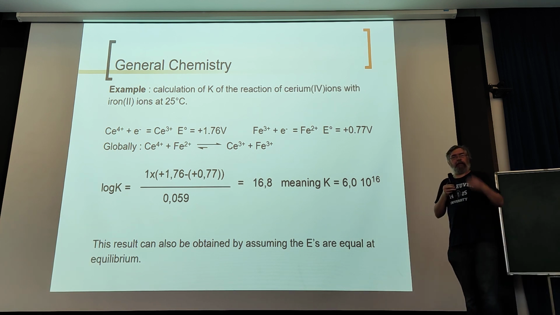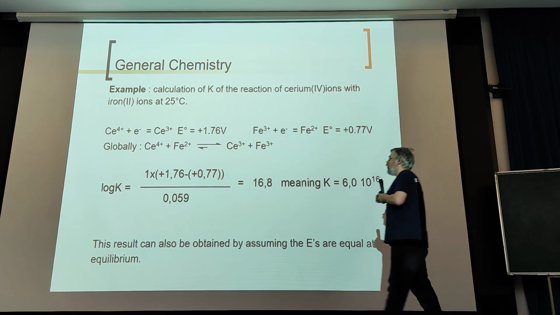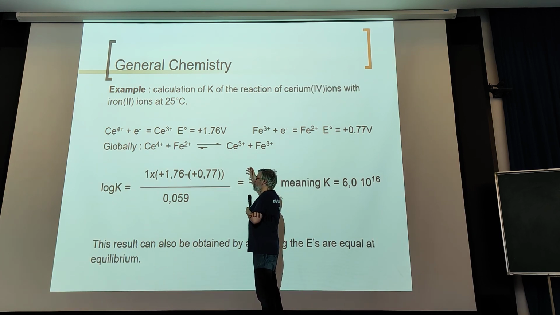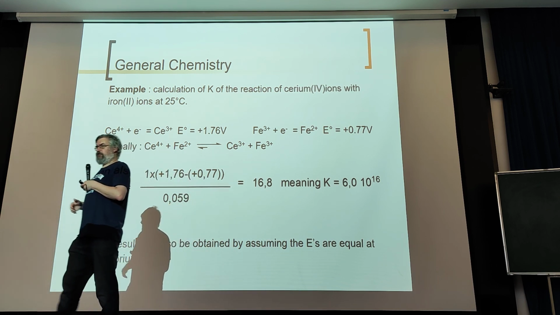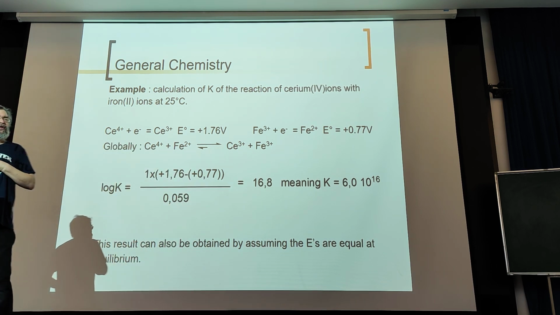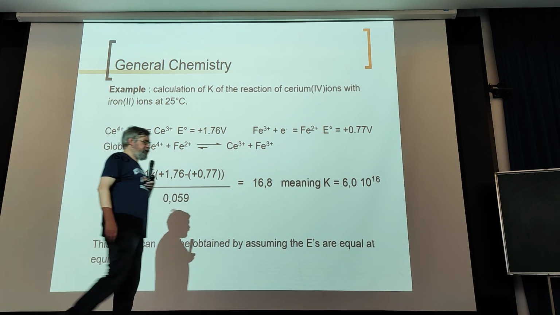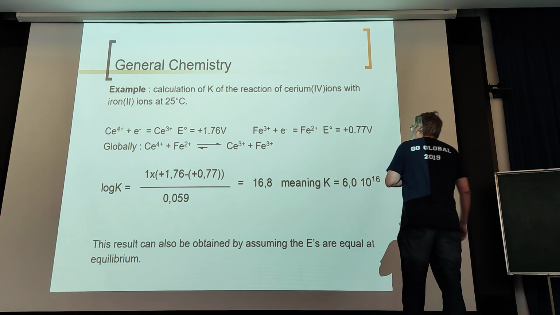So that means iron 3 plus is the weaker oxidant, and that's what will get formed. The cerium 3 plus is the weaker reductant, so this will get formed. So that's qualitative, based on the potentials, but we can now also quantitatively express what is the equilibrium constant.